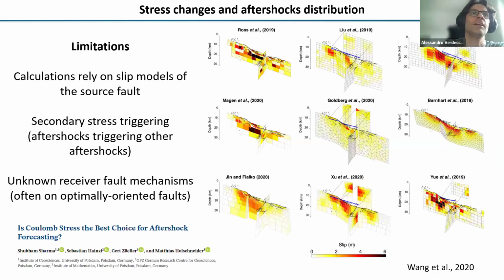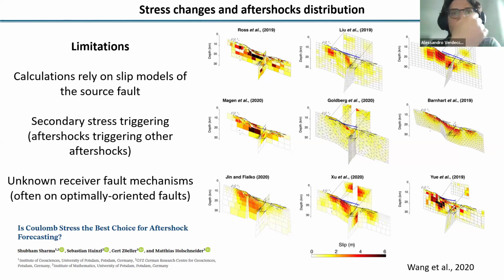What are the main reasons? First of all, mostly for aftershocks that occur very close to the source fault, to the main shock, which are the vast majority of aftershocks, our calculation of stress changes relies on slip models. To the right, you can see an example of how many different slip models have been published by different authors, only about one sequence of earthquakes, which were the Ridgecrest earthquakes.